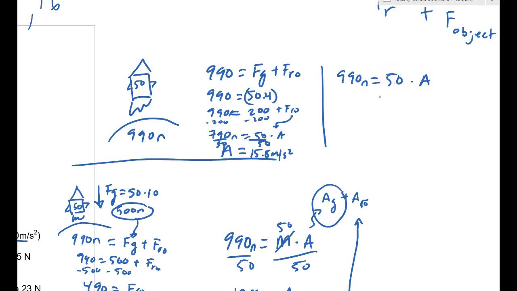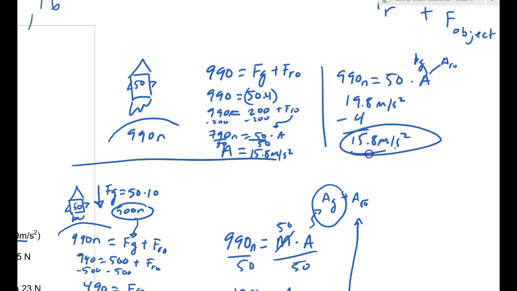Divide both sides by 50. 990 divided by 50 is going to be 19.8 meters per second squared. Remember, this acceleration includes a of g and a of the rocket. So let's subtract the acceleration due to gravity on Mars, which is 4, and we're left with 15.8 meters per second squared.